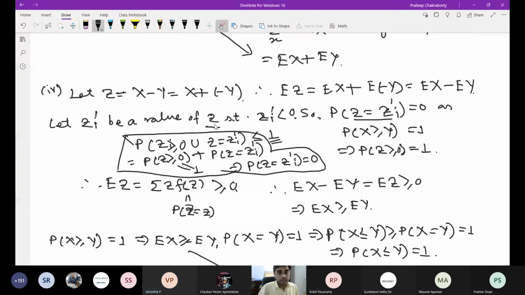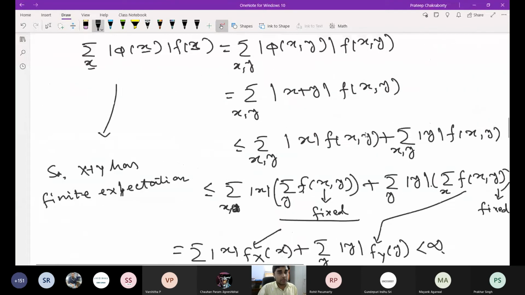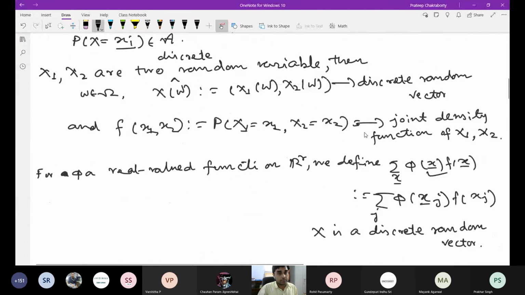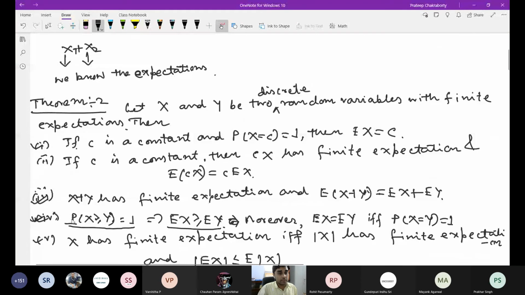That is given; it is in our hypothesis, in our assumptions. You see that P of X greater equal to Y is equal to 1. That implies P of Z greater equal to 0 is equal to 1. Is it fine?